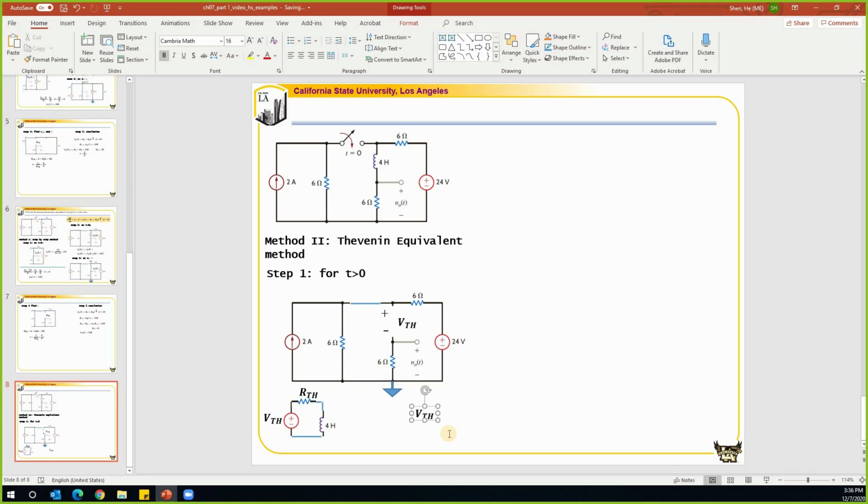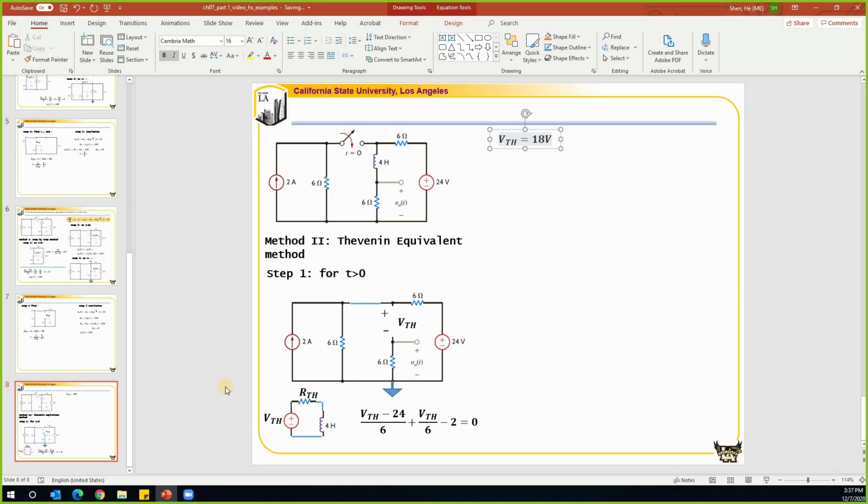To write a nodal equation, we have VTH minus 24 divided by 6, which is the current leaving this node from this branch. The current leaving this node from this branch is equal to VTH divided by 6. The current leaving this node from this branch is a minus 2. That is equal to 0. So from here we can find VTH. So VTH is equal to 18 volts.